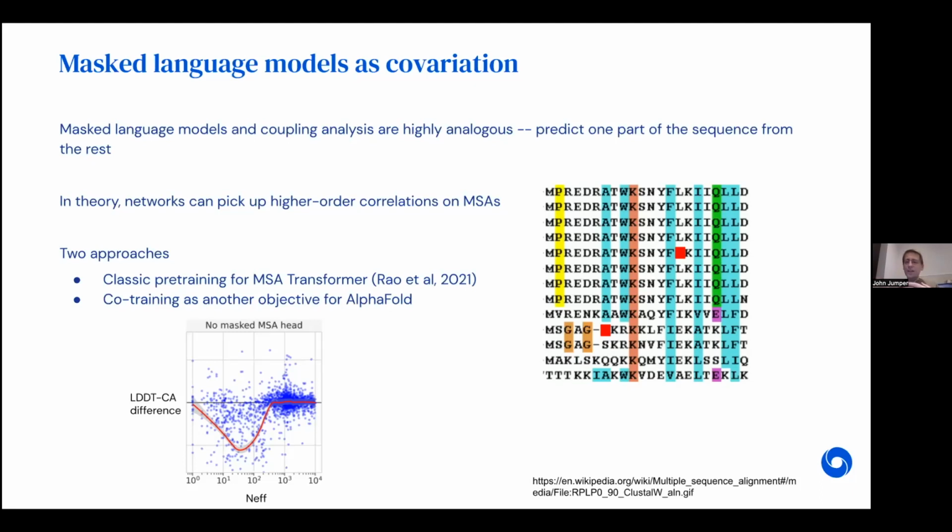And so you could think of this as very generalized covariation, and this was done independently in the MSA Transformer work, and that's classic pre-training, just training on lots and lots of text. It's also a part of the AlphaFold training, and you can see it in the bottom left.